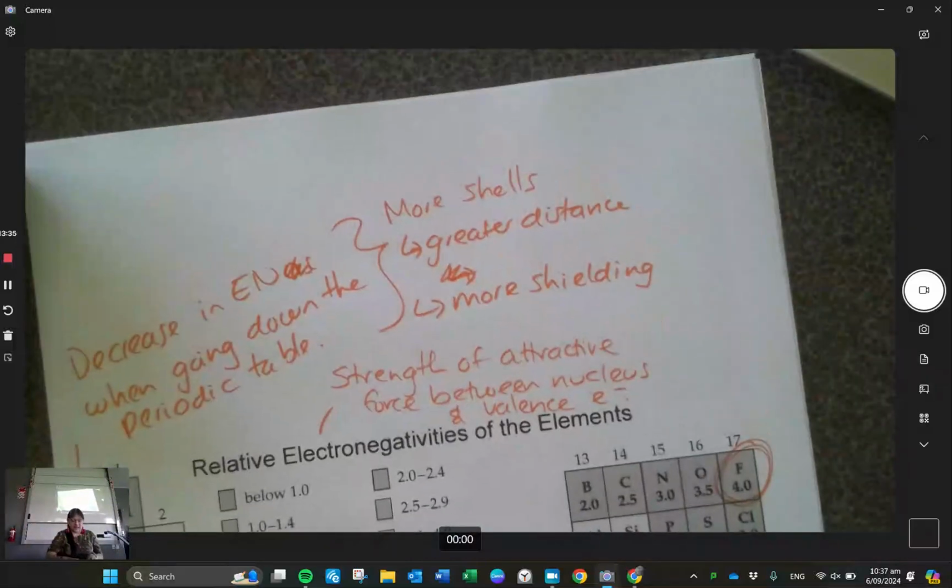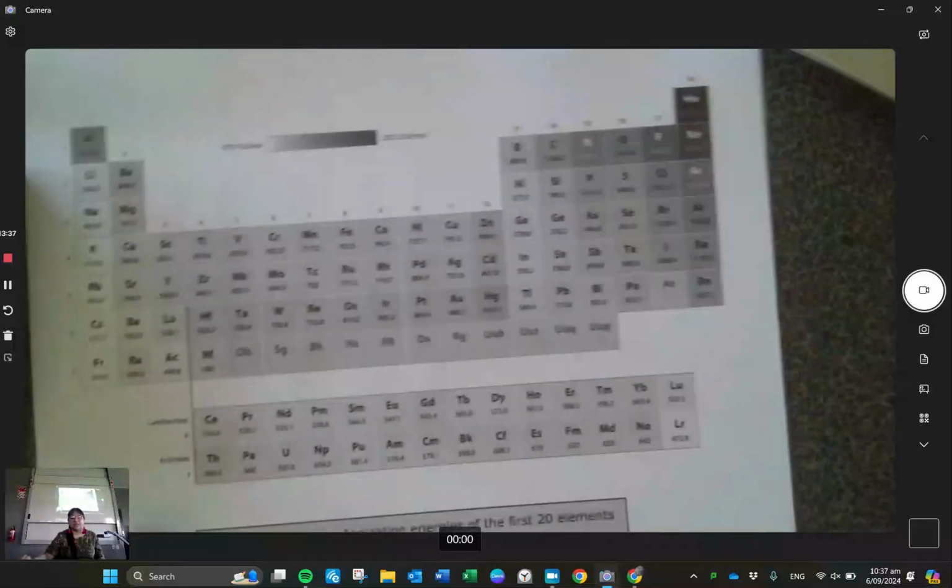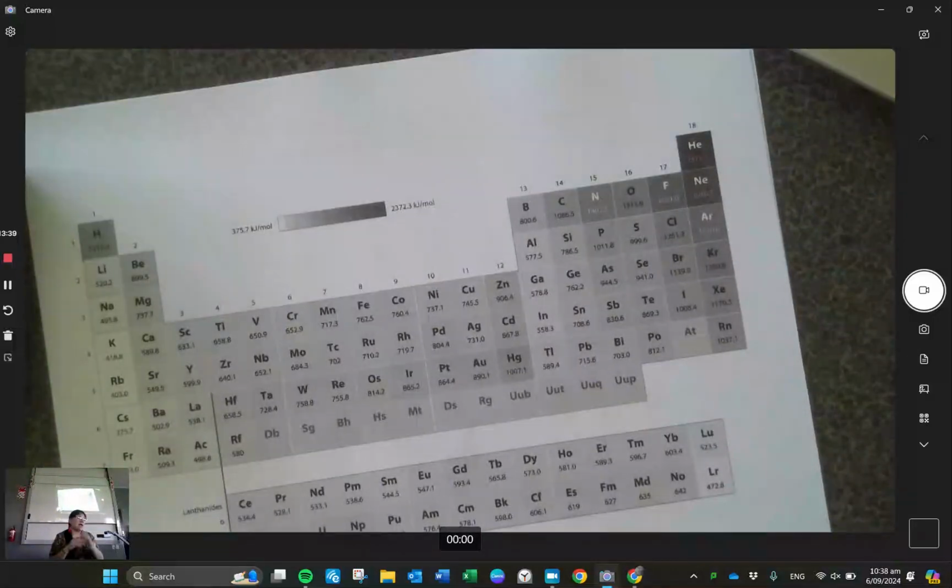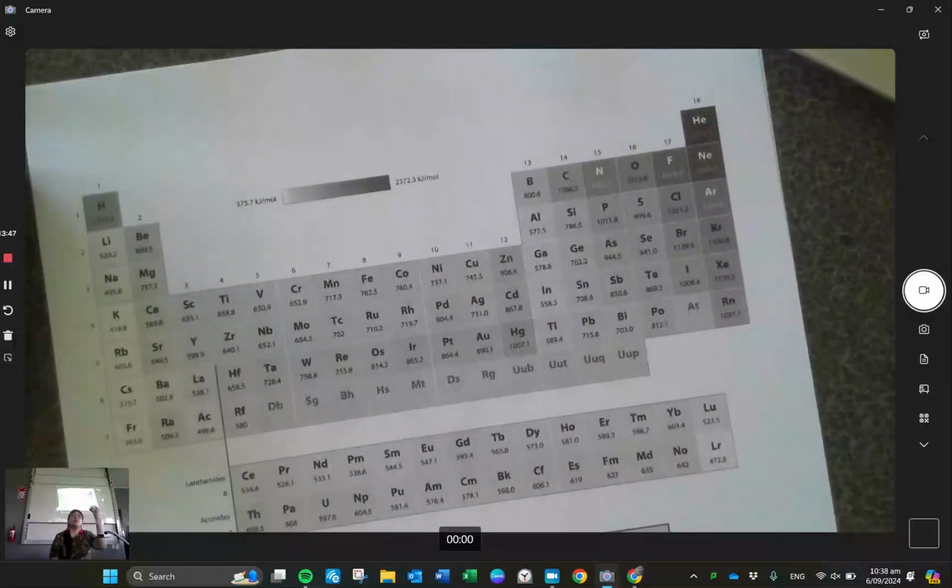So next thing we're talking about is ionization energy. Ionization energy is talking about how much energy you need to put in in order to remove that valence electron.